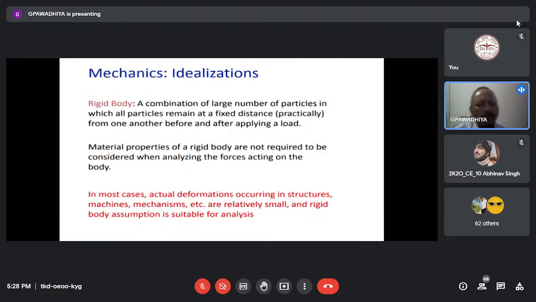Material properties do not change. In soil mechanics, which you will study later, density changes when we apply force. They are not isotropic materials. Anisotropy comes into the picture, so material properties actually change. Those kinds of materials we are not discussing at the moment.